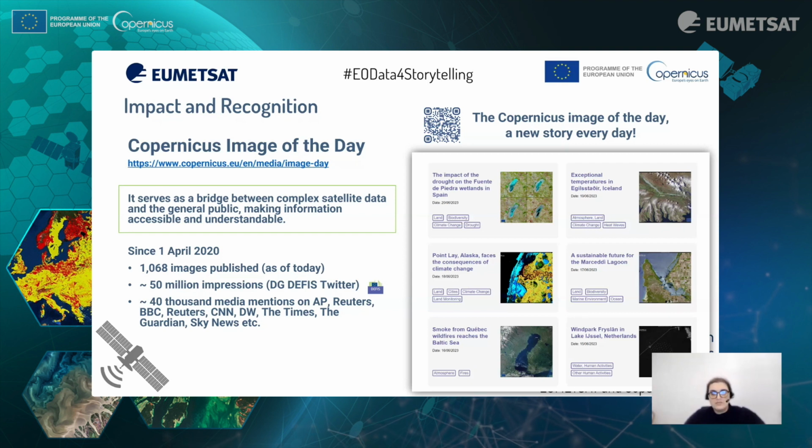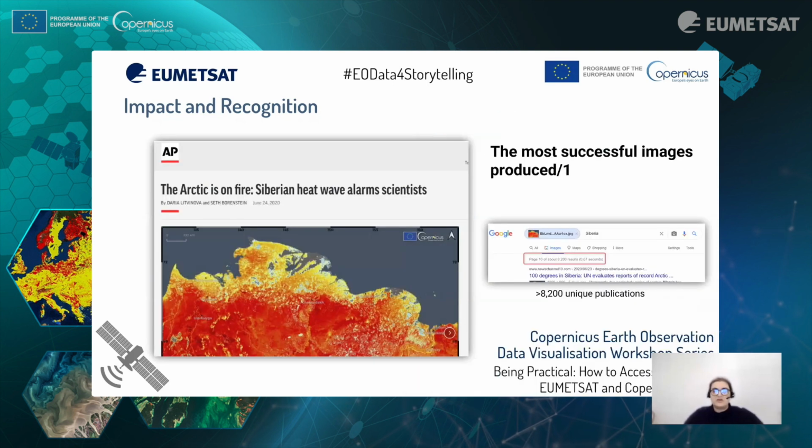But why? Because the image is simple. The image translates a complex message, and everyone can understand this message. For example, this is one of the most impactful images that I produced. This was the image of the land surface temperature of Siberia for the heat wave of June 2020. Why do I mention this?